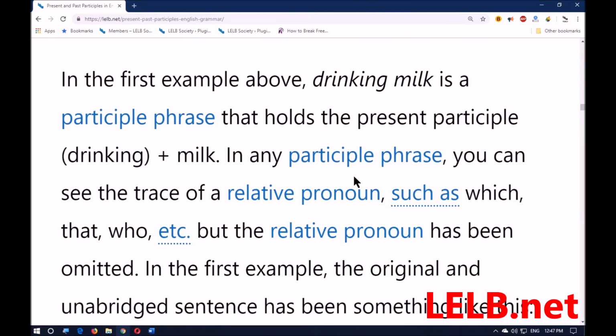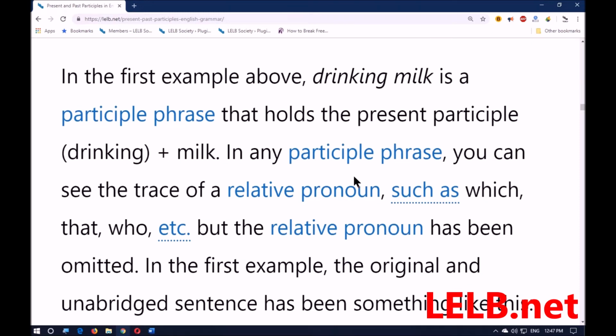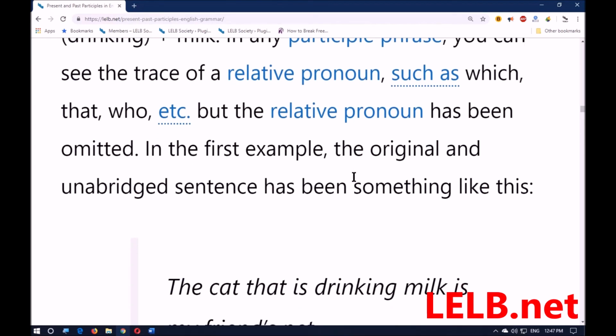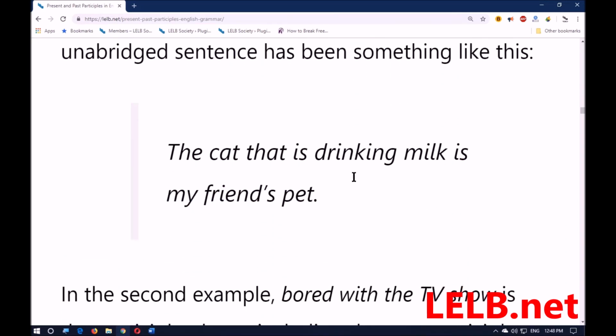So in any participle phrase, you can see the trace of a relative pronoun that has been omitted, such as which, that, who, etc. In the first example, the original or unabridged sentence has been something like this. The cat that is drinking milk is my friend's pet.